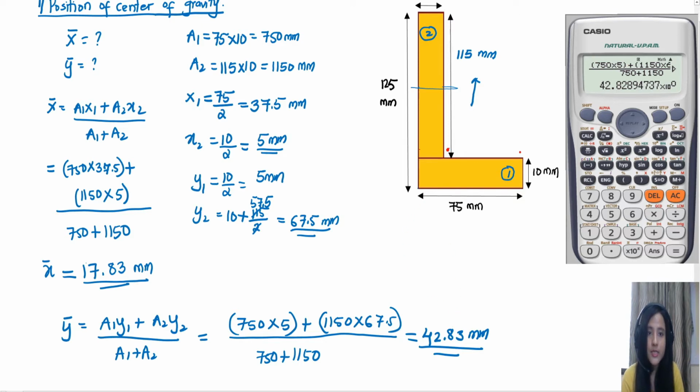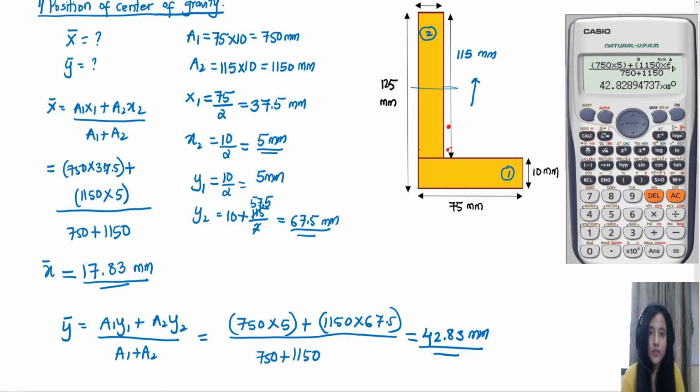If this is my 10 and this is 115, half of 115 is 57.5, so it is coming 42.83, somewhere around here, right?